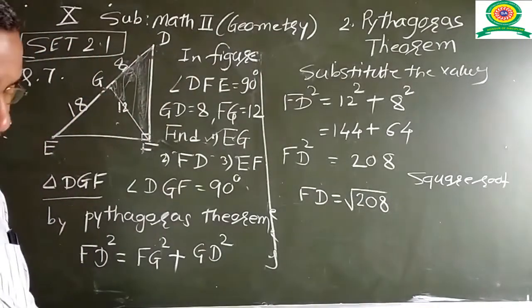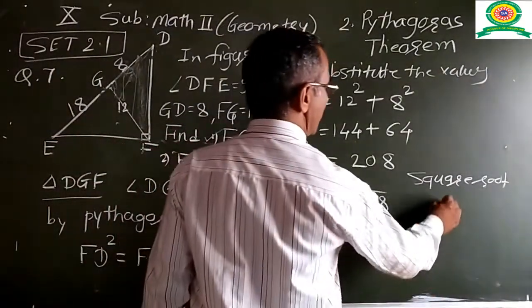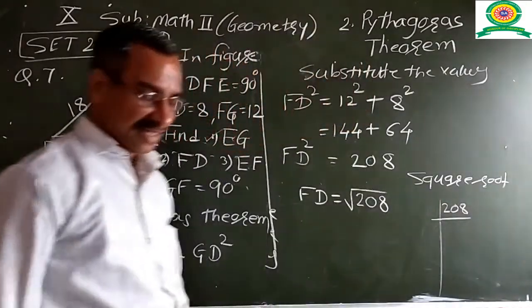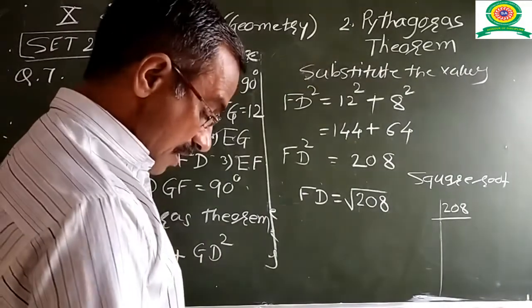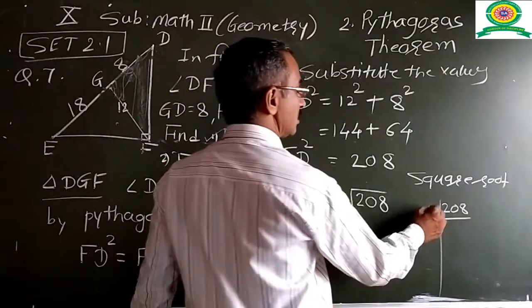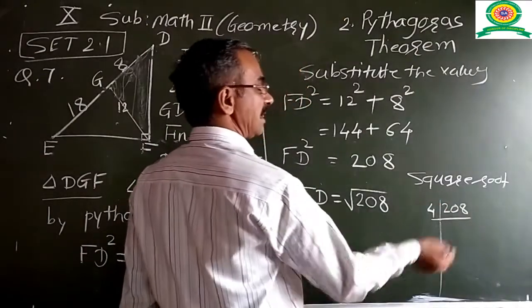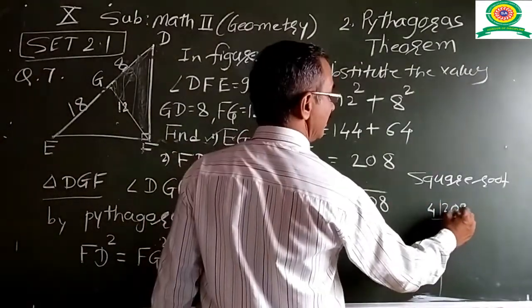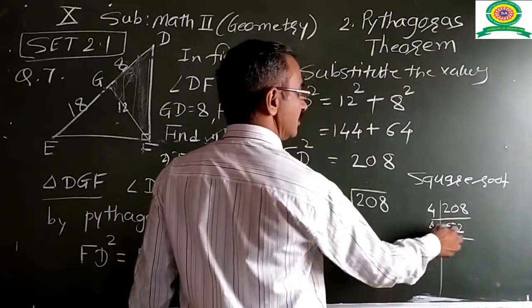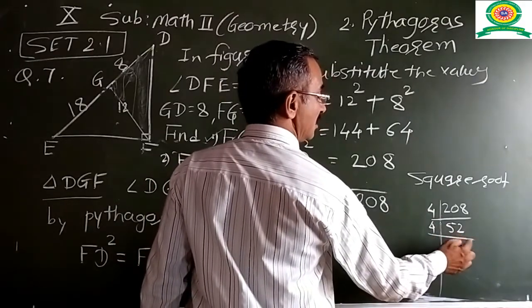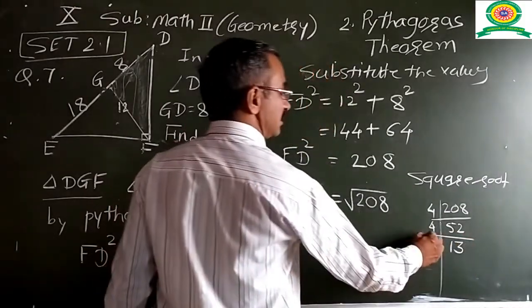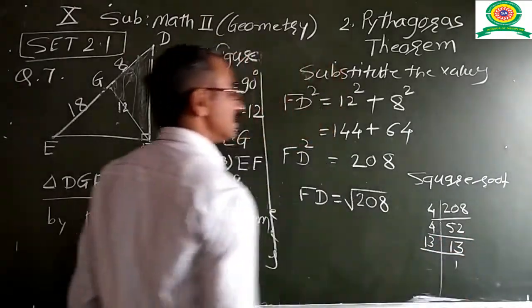208 is not a complete square, so we want to find the factors of it. From the factors we find the answer. We divide it directly by 4. 4 fives are 20, 4 twos are 8, then again dividing it, 4 threes are 12, and 13 ones are 13.